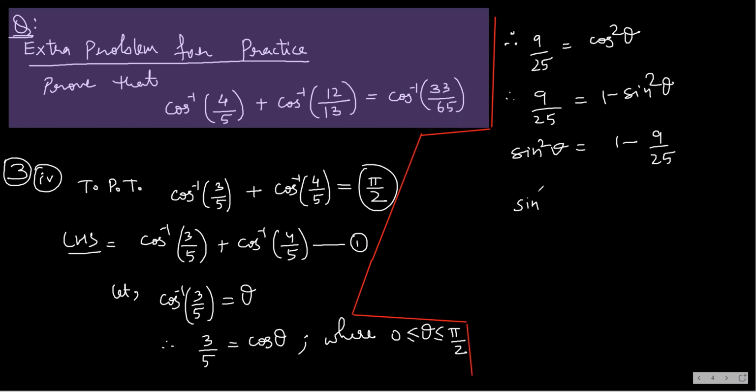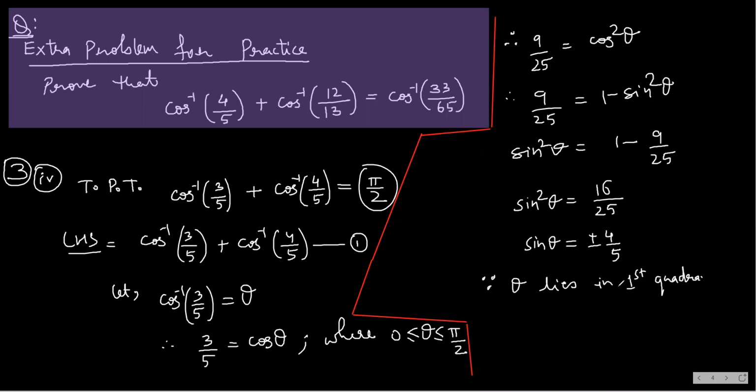So I get sine square theta as 25 minus 9, this is 16 upon 25. So I get sine theta as plus or minus 4 upon 5. But as you have already said that theta lies in the first quadrant, therefore sine theta is 4 upon 5.